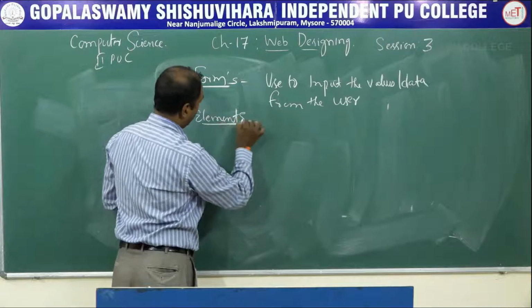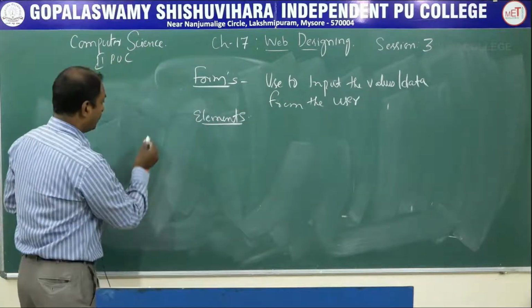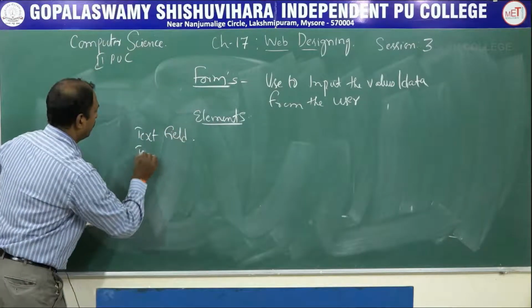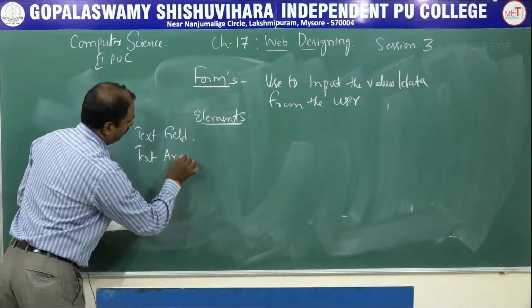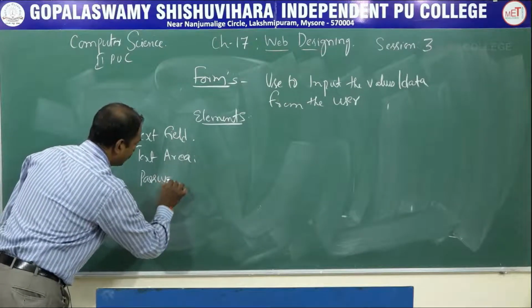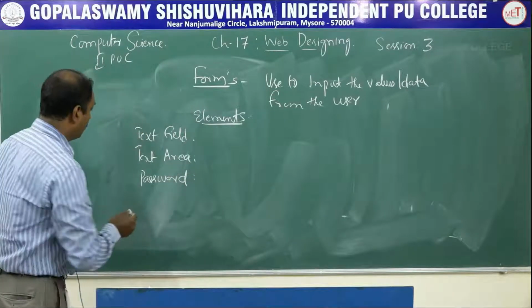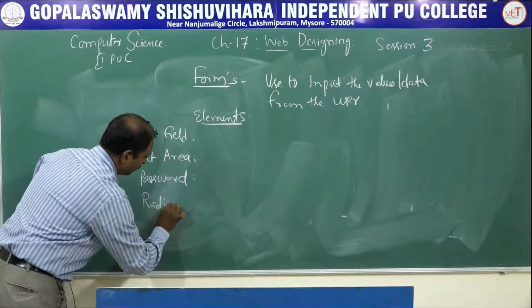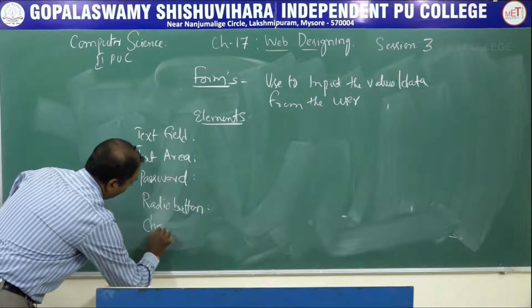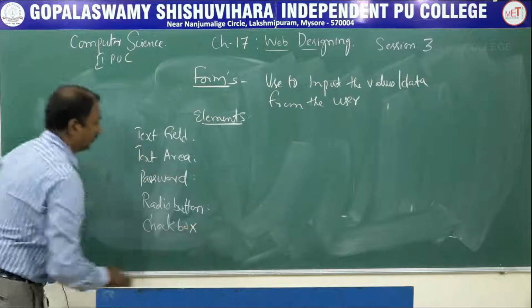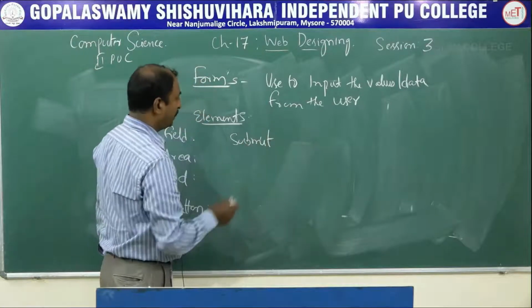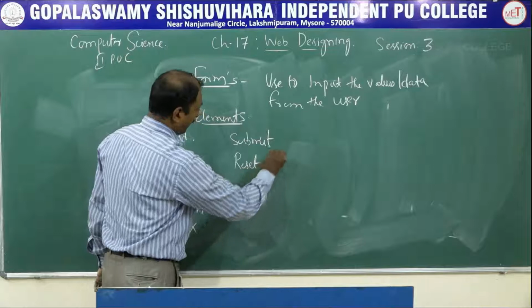Form has many elements. They are text field, text area, password, radio button, checkbox, and again submit and reset.